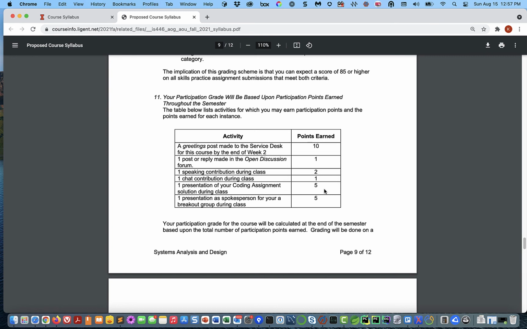So what do I do with these? Well, they accumulate throughout the semester, and at the end of the semester, I add them all up and I see how many points everybody earned, and I grade them on a curve. Okay, so the person who got the median value of participation points is going to get an 85.